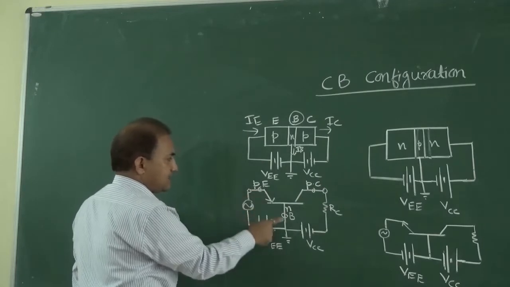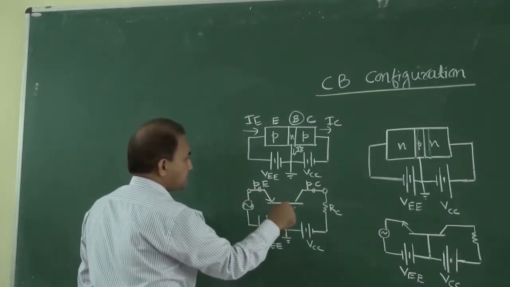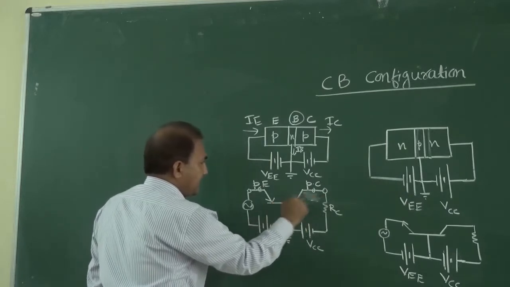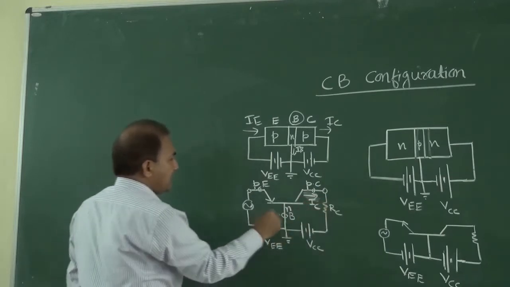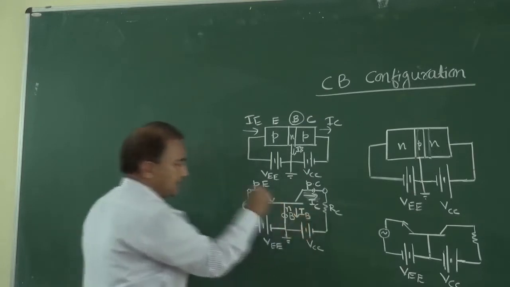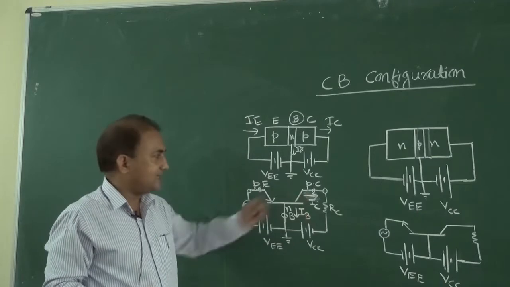Now, the direction of collector current will be like this, and the direction of base current will be like this. This is IB, and this is the direction of collector current.